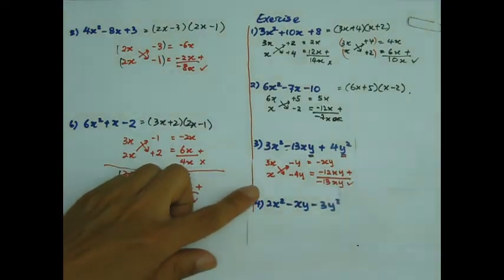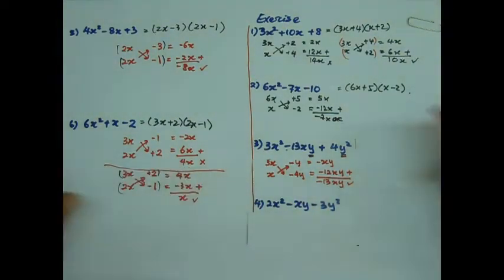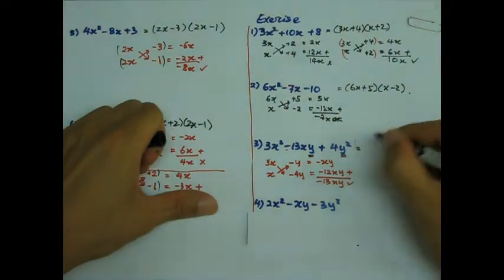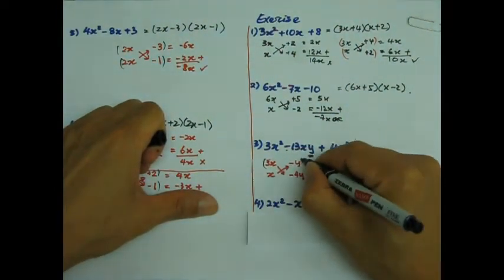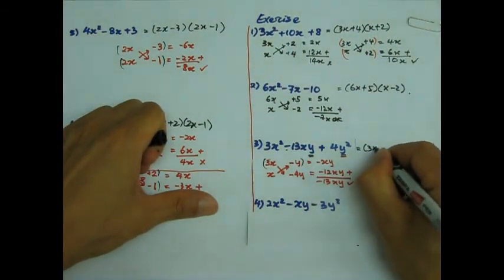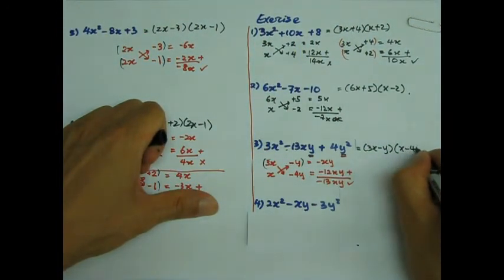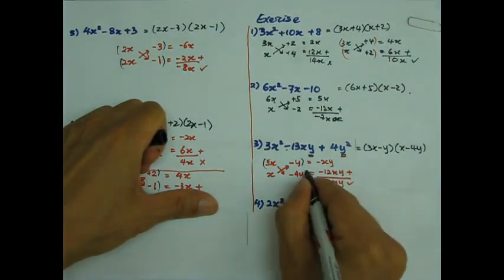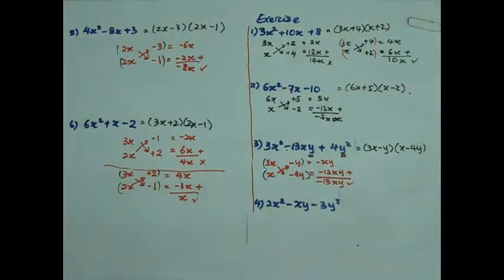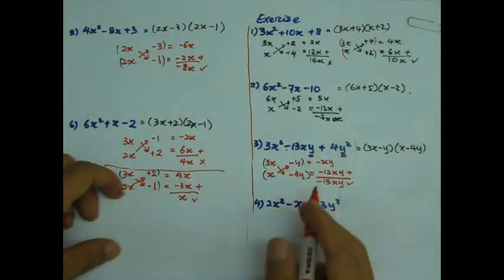Hooray! That's the answer. Horizontally, the answer should be 3x minus y times x minus 4y. Do you get that right? Excellent. If you did, excellent. If not, try again after studying this.